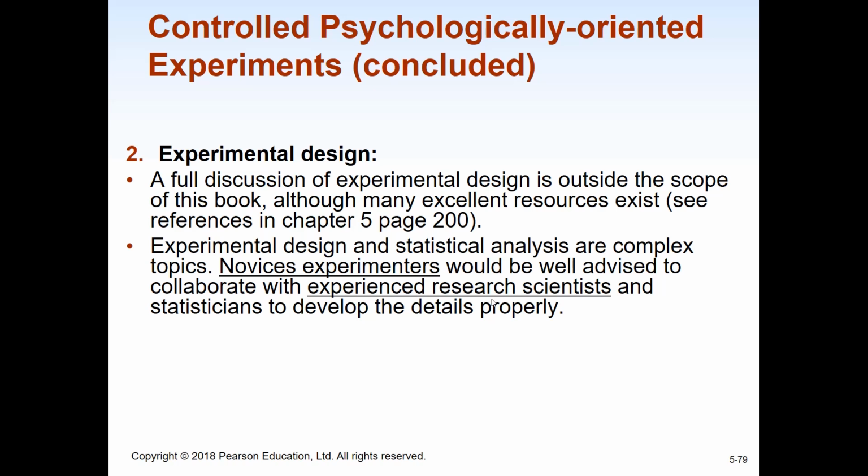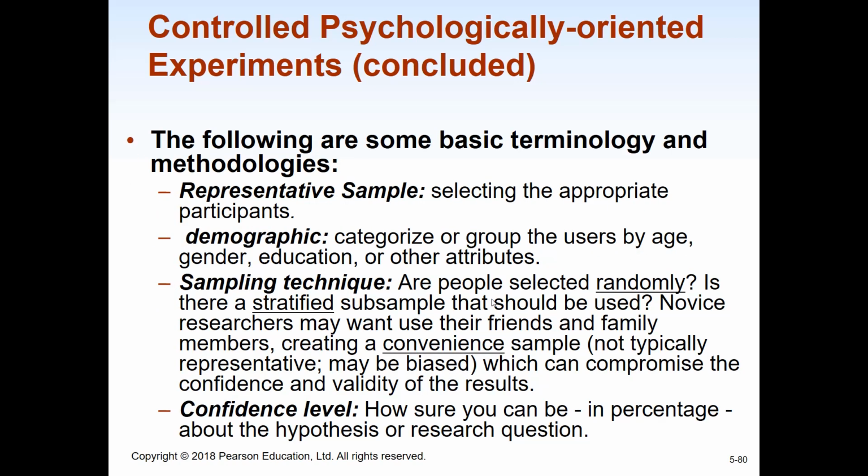Novice experimenters would be well advised to collaborate with experienced research scientists and statisticians to develop the details properly. The following are some basic terminologies and methodologies that you can consider while doing the experimental design.